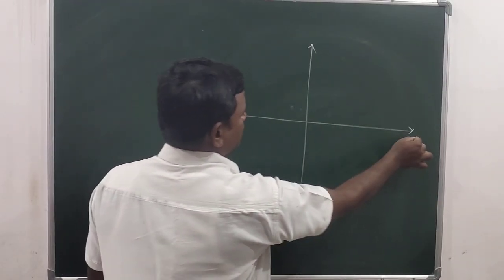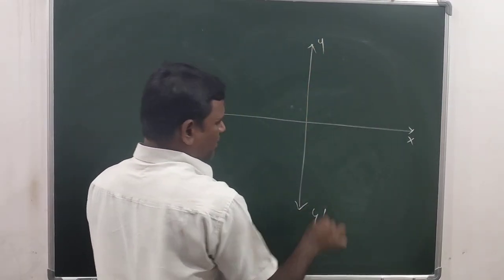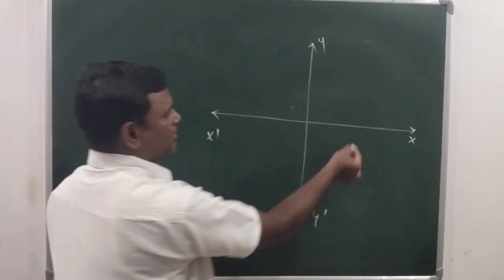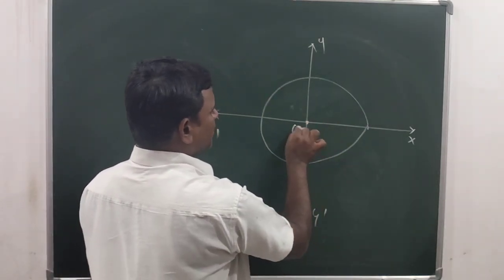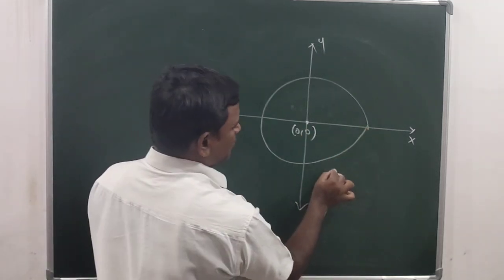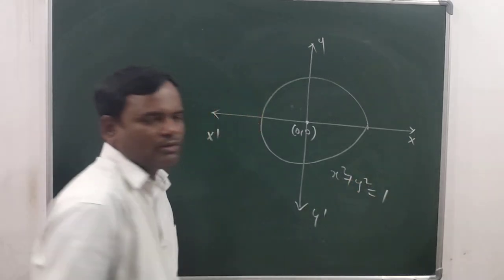Observe this: this is the real axis and this is the imaginary axis, the complex plane or Argand plane. This is a unit circle having center (0, 0) and radius 1 unit, whose equation is x square plus y square equal to 1.